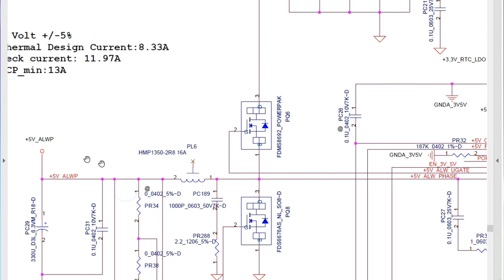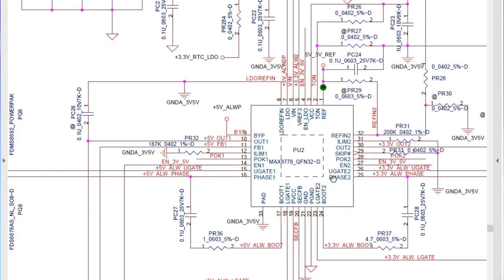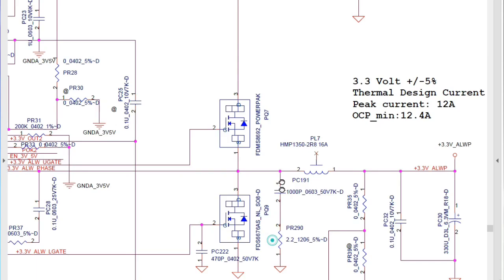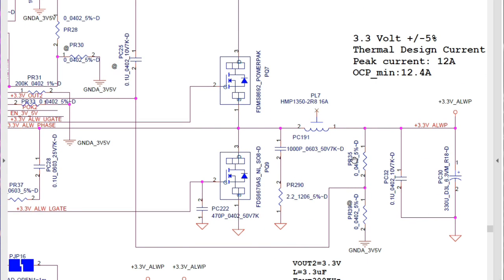But if you find plus 5 volts exists and 3.3 volts is absent, maybe you have just a problem in one component in the 3.3 volt part, maybe a resistor, maybe a capacitor. Maybe this coil is failed. You should just check this part.